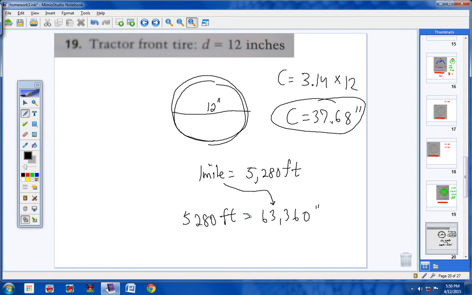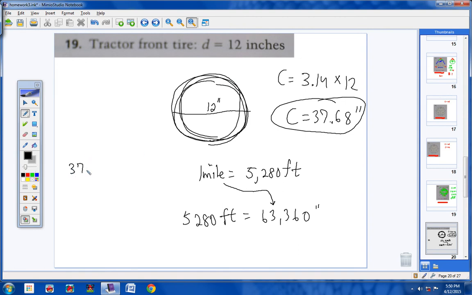63,360 inches. So if the circumference right here is 37.68 inches, then how many times would this tire have to go around and around until it's covered 1 mile? Remember, every time this tire makes one revolution, it's covered 37.68 inches. Well, guys, it's obvious.